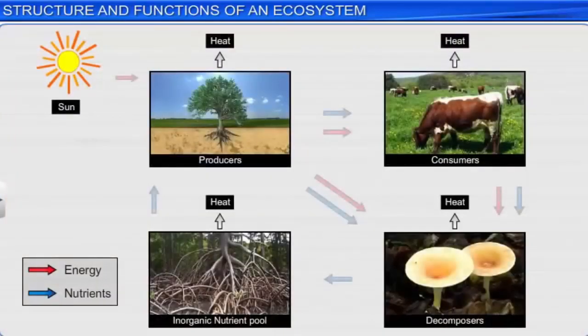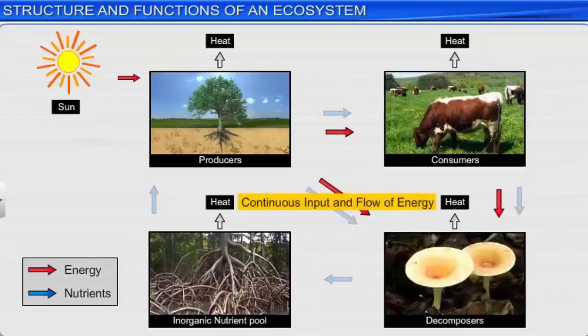Two main processes occur in an ecosystem. 1. There is a continuous cycling of nutrients between living and non-living components, and 2. There is a continuous input of energy from an ultimate source, which is mainly the sun.